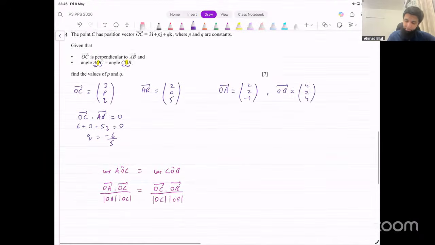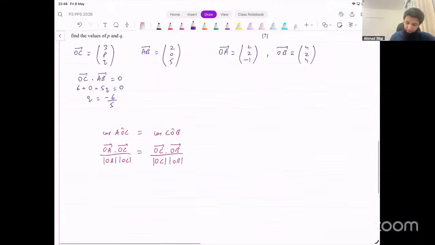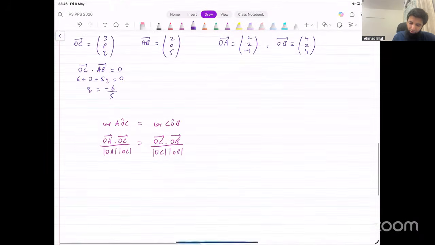Okay, let's input them here. The dot product, OA dot OC, will be 6 plus 2P minus Q. That's the dot product for OA and OC divided by the magnitude of OA.